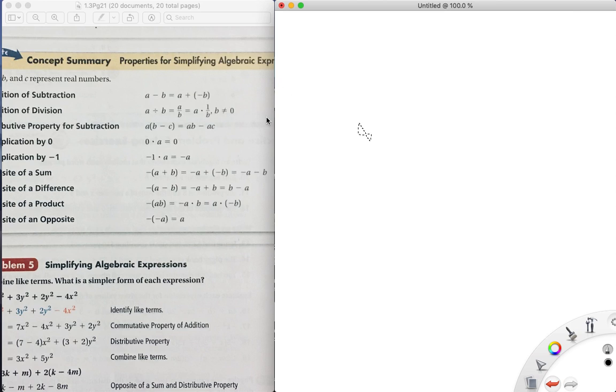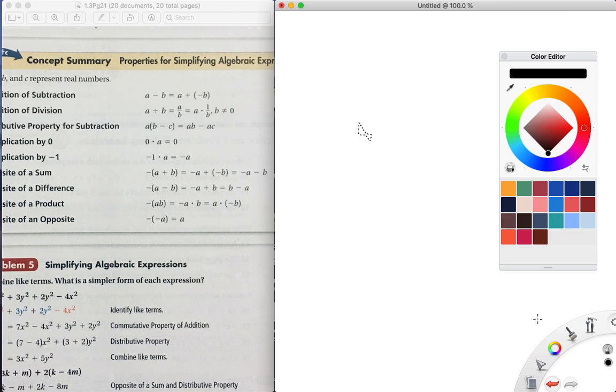Alright. Opposites of sums. So I have two things that are being multiplied. Hello. Why can't I reach you?